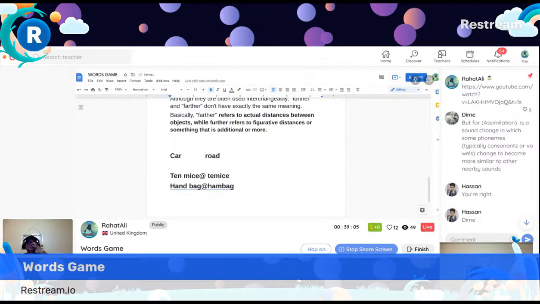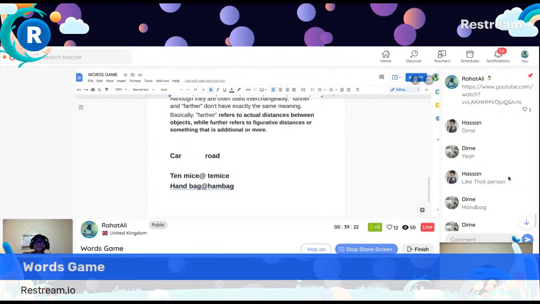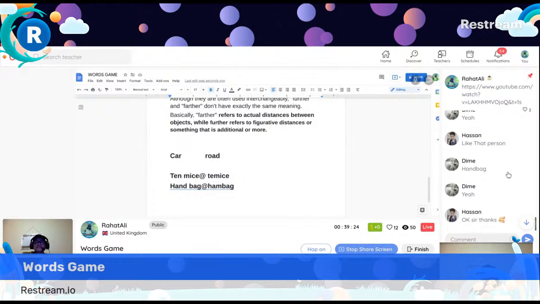Okay? These are the examples of assimilation. Have you seen the movie of ten mice? You see? Have you seen my handbag? Yes, handbag becomes handbag. You see? Ten mice becomes ten mice.